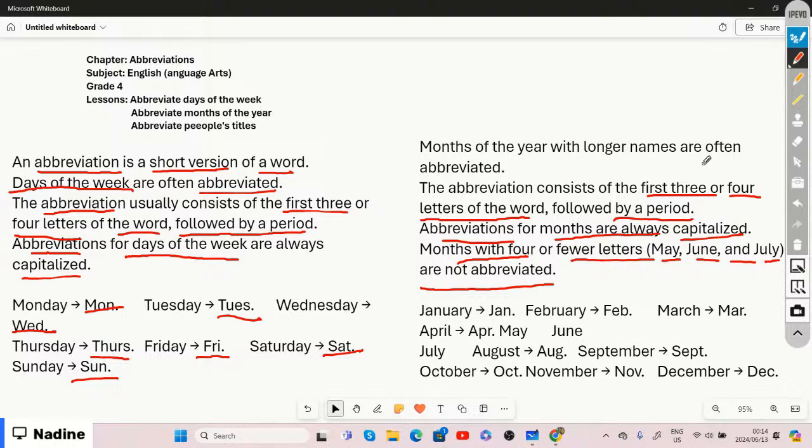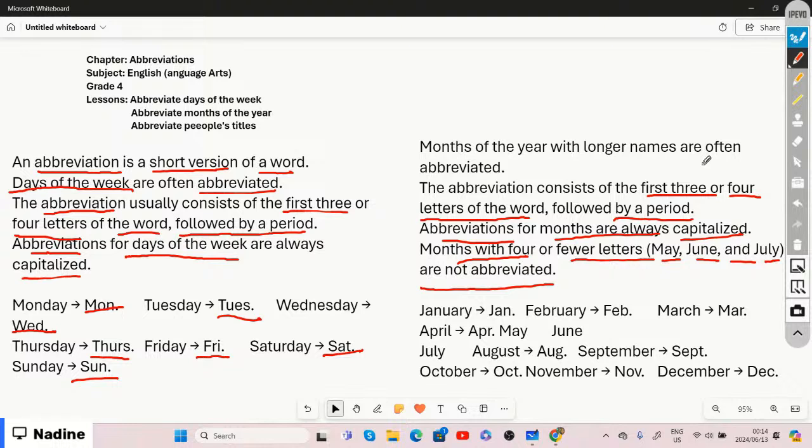All right, and then we said we have 12 months in the year. And with that 12 months in the year, if we abbreviate the months of the year, the first one would be January.